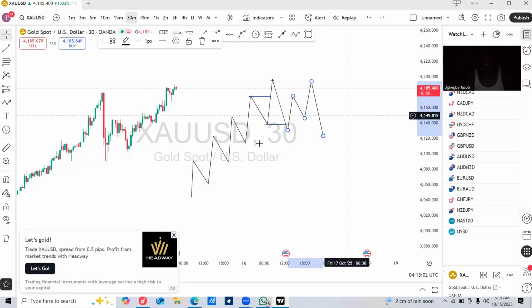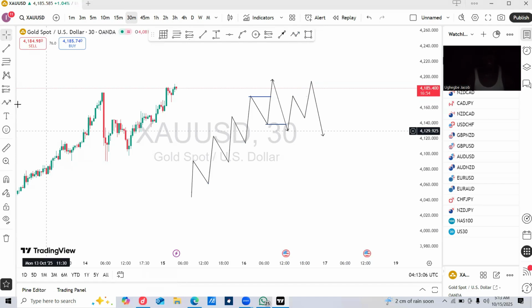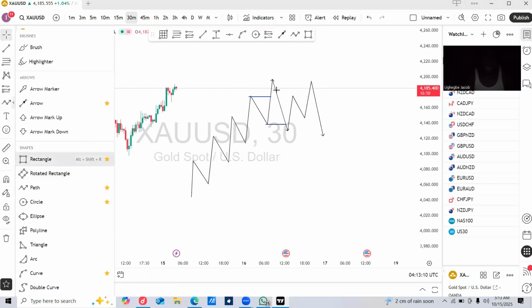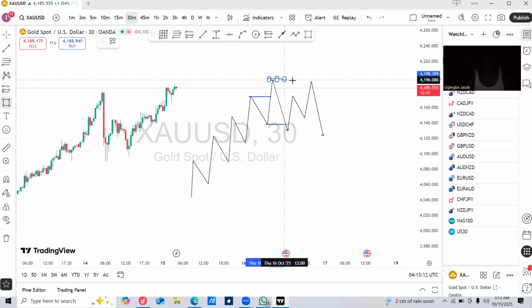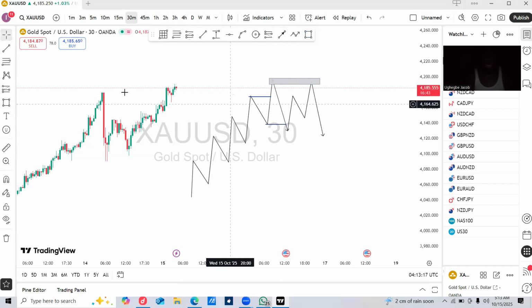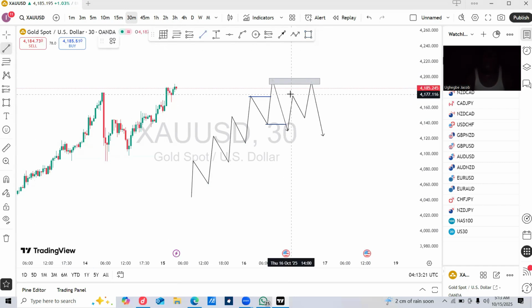Are you getting it? This is how to predict the market structure. This high here that broke this low is our order block, and this pullback is before the market went to our order block at the liquidity area.